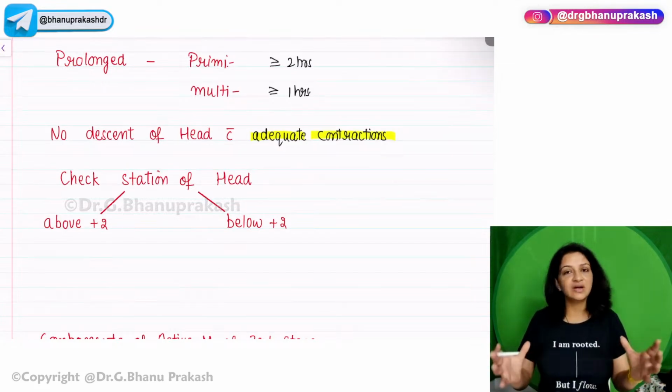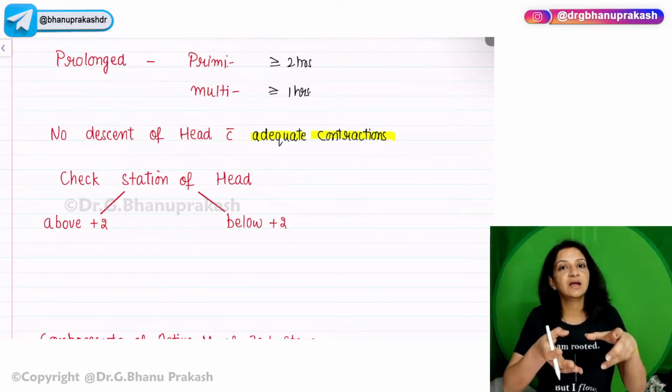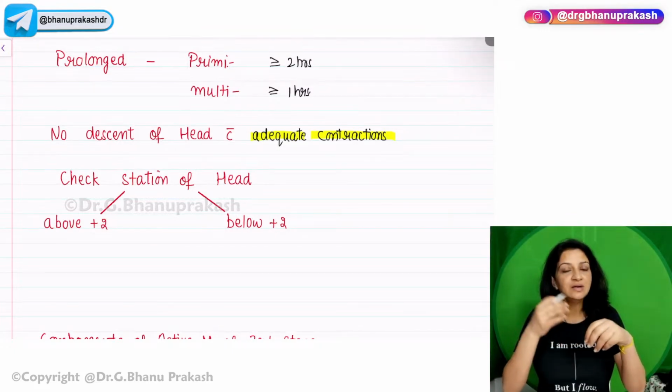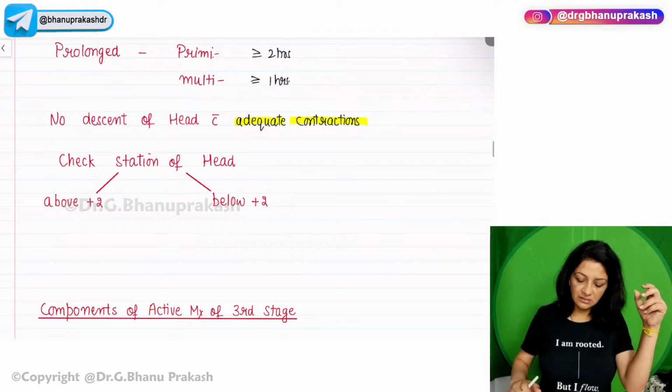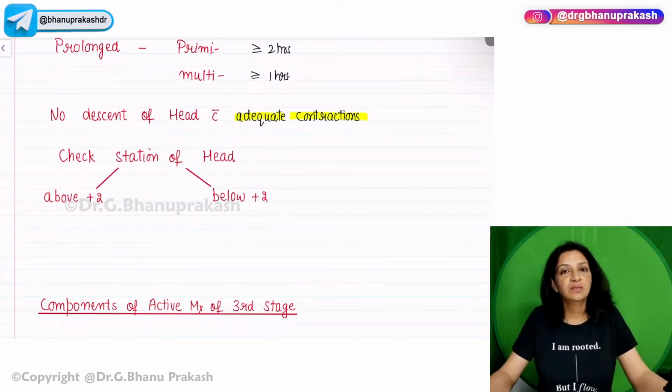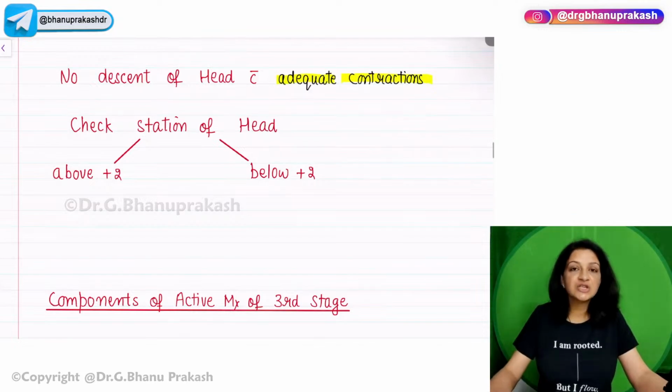Means uterine contractions तो अच्छी हो रही है लेकिन fetus का जो head है वो नीचे नहीं आ रहा है. This is called as prolonged second stage of labor. So second stage starts with full dilatation of the cervix and ends with expulsion of the fetus.